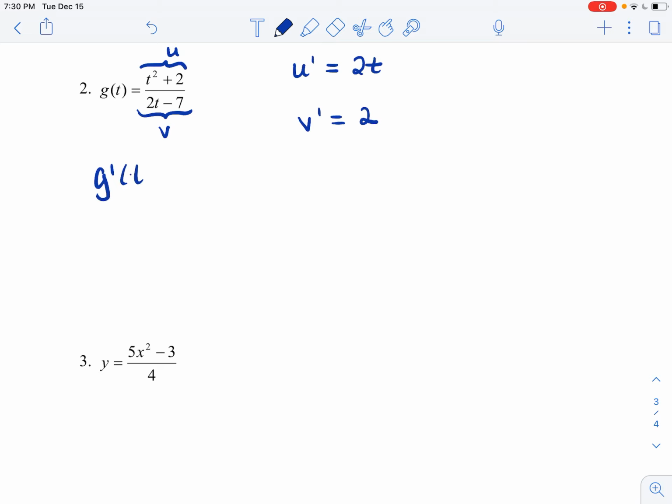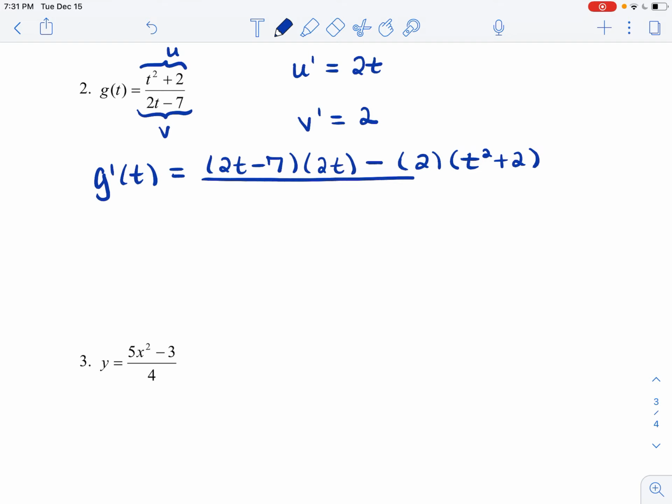So using the quotient rule, we're going to start with the original denominator times the derivative of the numerator minus the derivative of the denominator times the original numerator, all divided by the denominator squared.